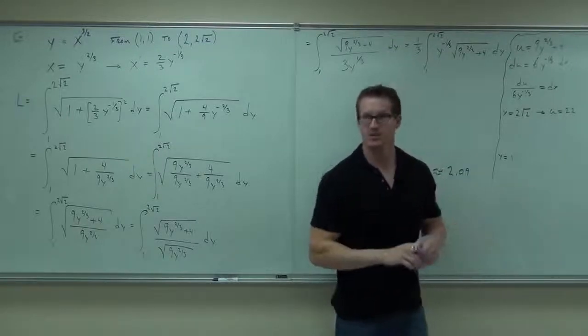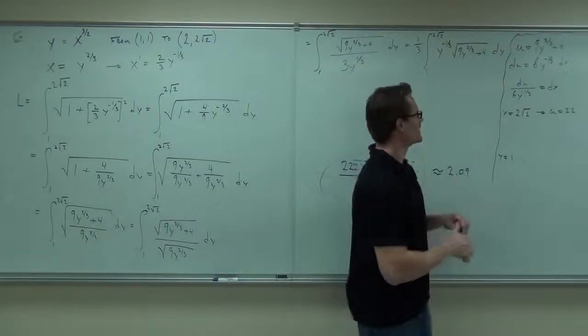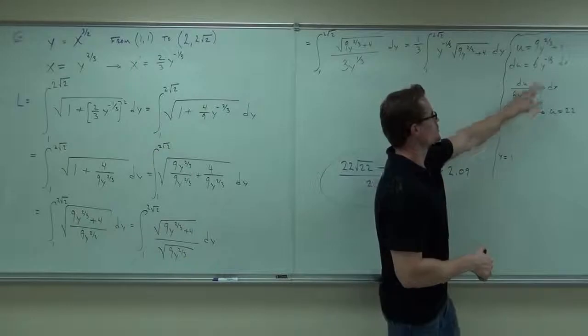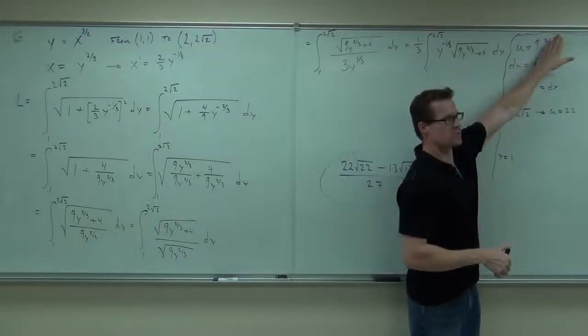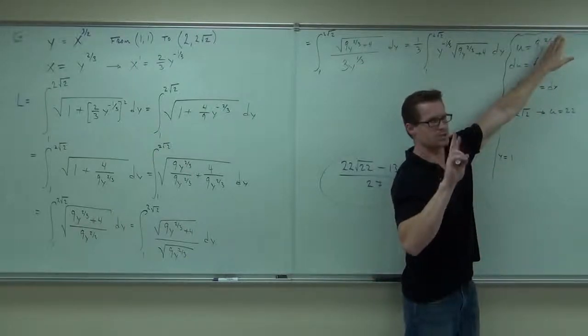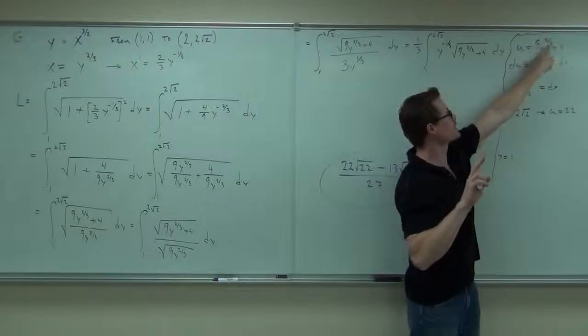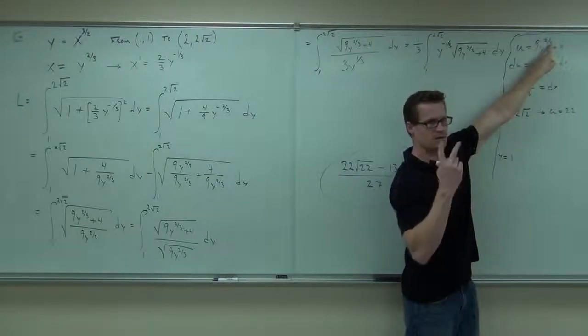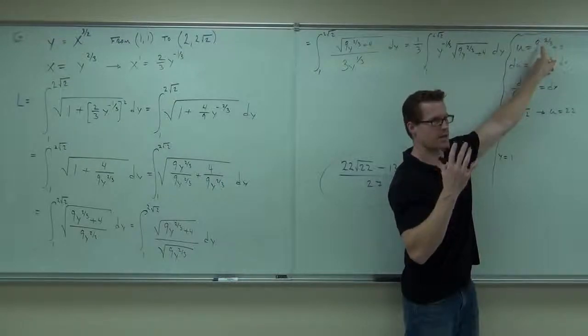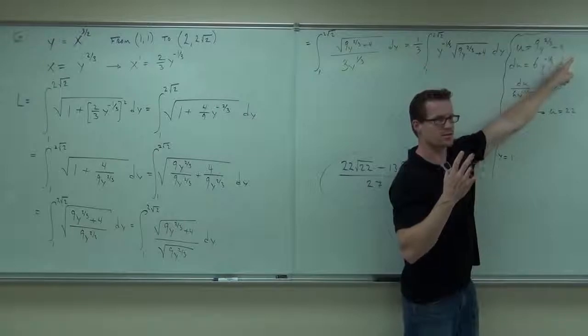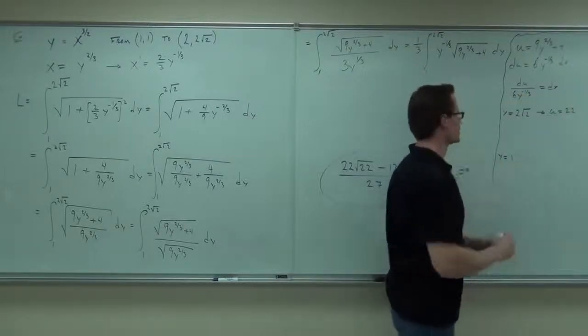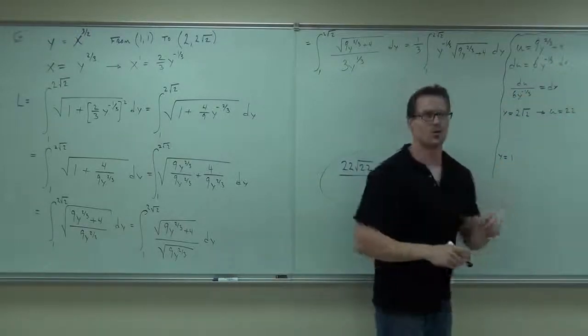Not just do it in your head. 2 root 2, square 2 root 2. You get 4 times 2, which is 8. Take the cube root of 8, you get 2, times 9 is 18, plus 4 is 22.